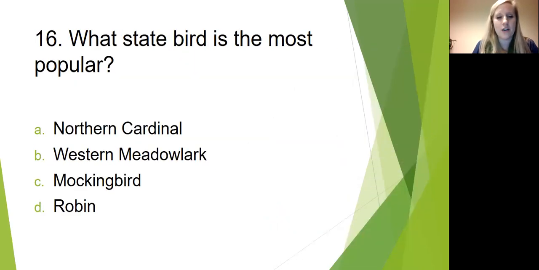Question 16. What state bird is the most popular? Is it A, the northern cardinal, B, the western meadowlark, C, the mockingbird, or D, robin?